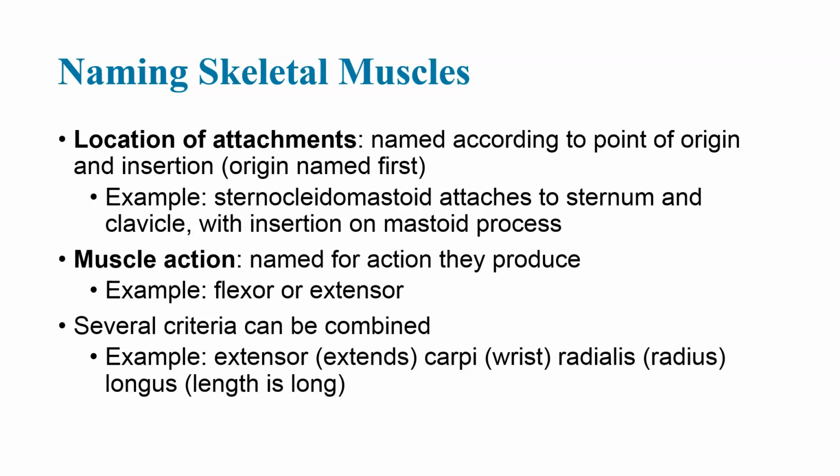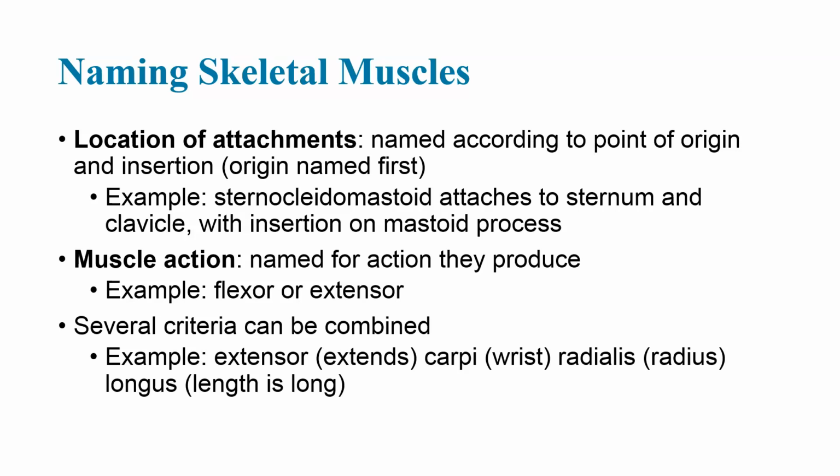Then there's muscle action. So some muscles are named for the actions that they produce. They might have flexor or extensor in their name, like the extensor digitorum. Can you guess what that muscle does? Right, it's involved in extending the fingers. And then there's the flexor digitorum superficialis.